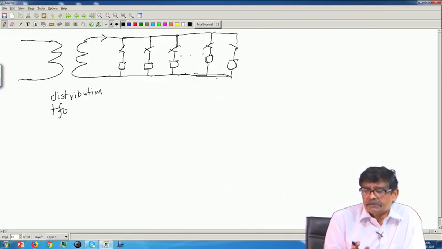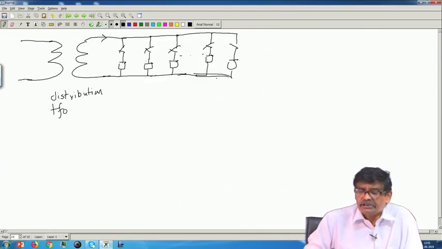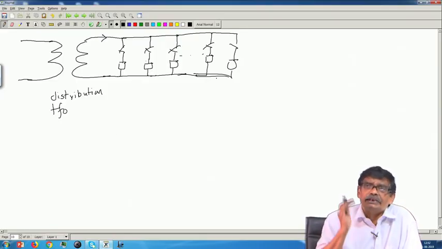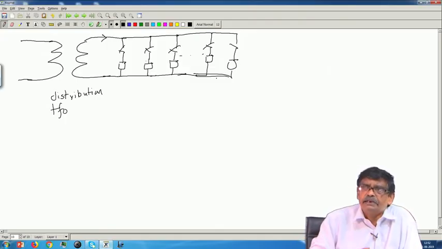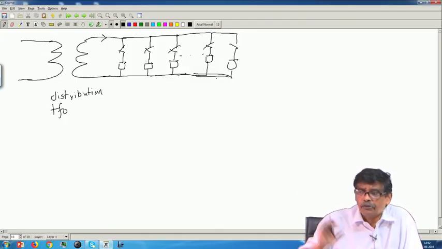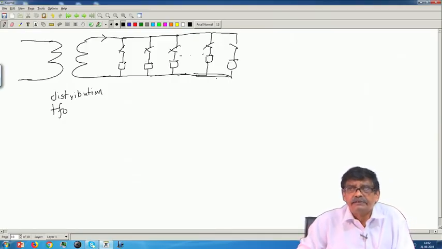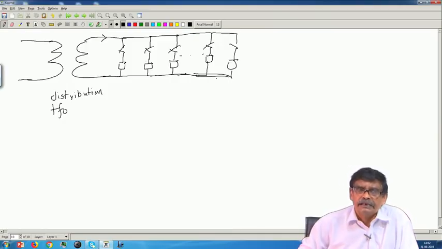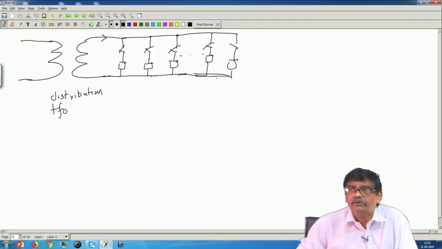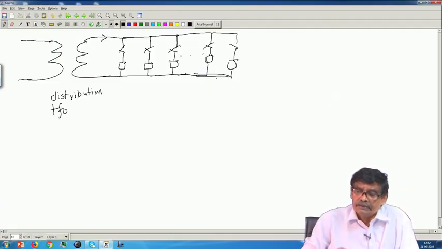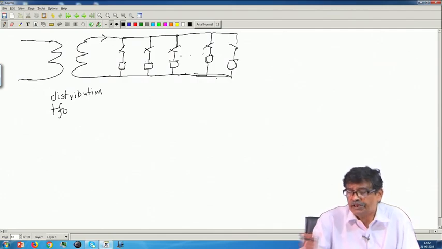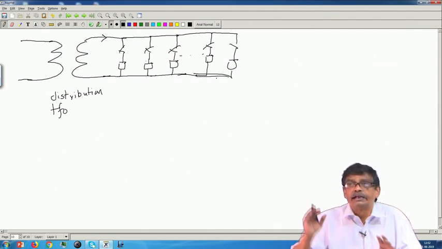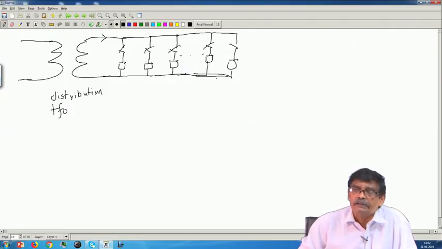Now, the question is, in a distribution transformer there will be a variation of load pattern over 24 hours. There will be some morning peak, offices are open, electricity is used. In the evening, once again, as I told you, there is a peak load demand, because most of the users will switch on their lights and fans and what not.